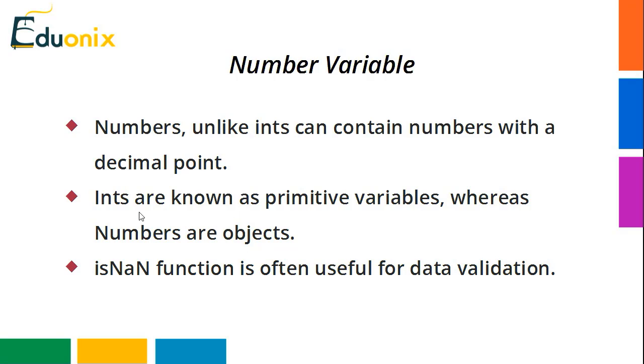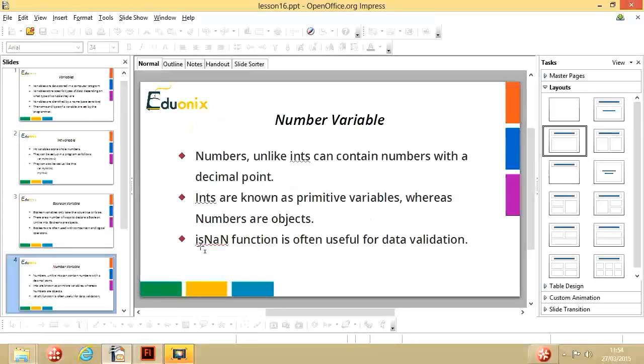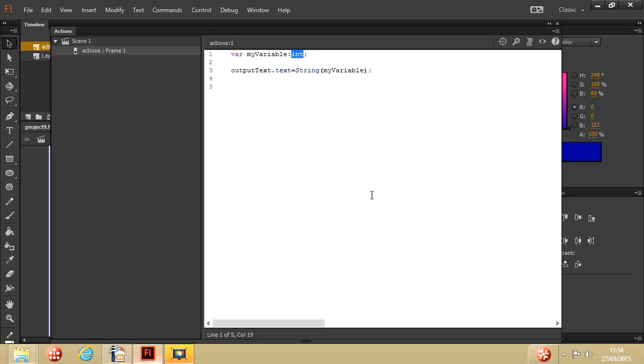They're designed for specific functions, in this case to store a decimal point after the number, and they can have properties and functions associated with them, unlike primitive variables, which are purely data. I'll talk about the isNaN function in a second as well.